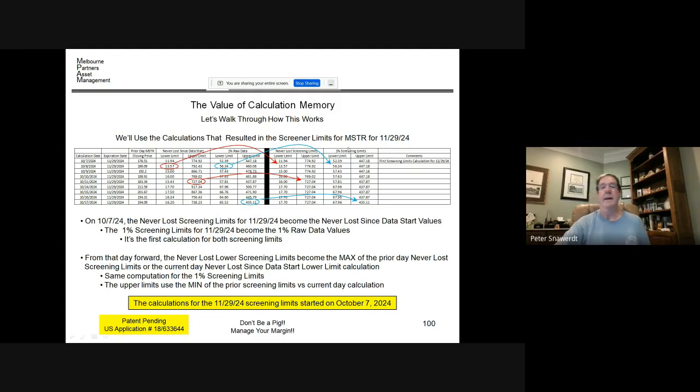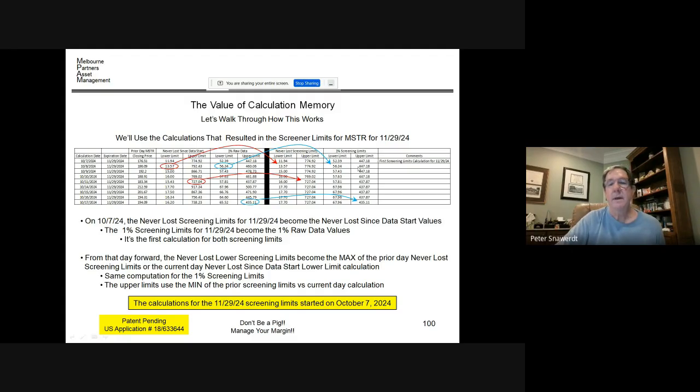In our screener data files, in the colors, this represents level one. This represents level two. Essentially, what we're going to find when we go through this max min calculation, this was done for 10/7/2008.